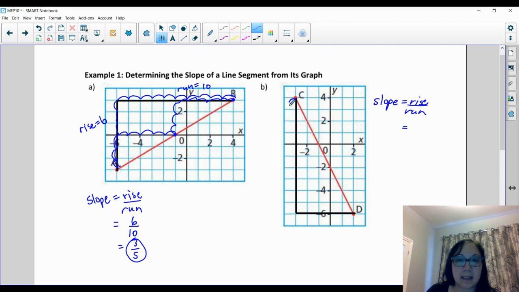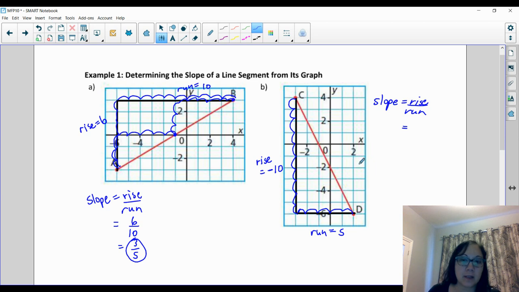So this time we went down 1, 2, 3, 4, 5, 6, 7, 8, 9, 10. And we're going to go across a run of 1, 2, 3, 4, 5. So our rise is -10 and our run is 5.